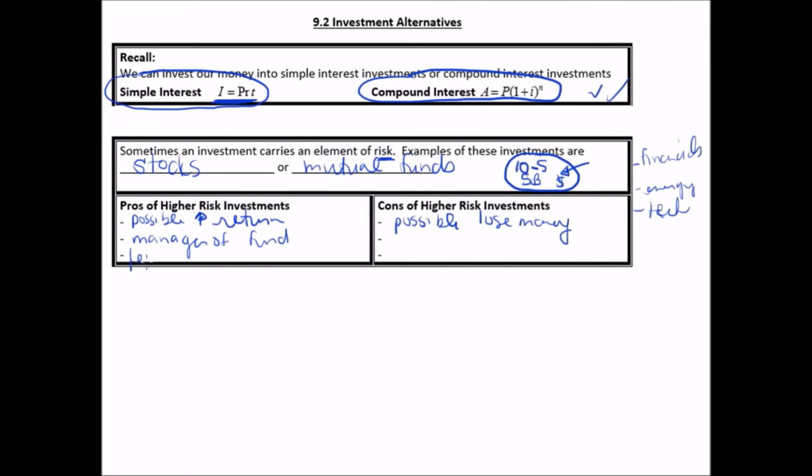So the fees are low. Sometimes when there's a manager of a fund, the fees are higher, but the actual fee to invest is not much. And another con is that stocks require you to buy, for example, 10 shares. But what if the shares are $1,000 each? Well, who has $10,000 laying around, right? So you require more upfront money.